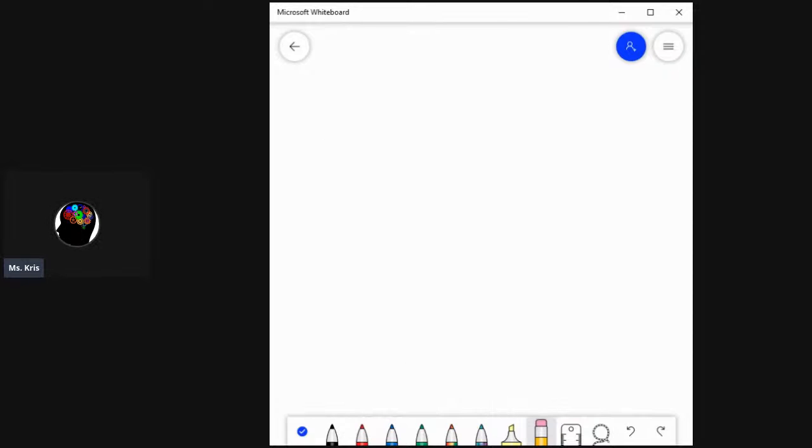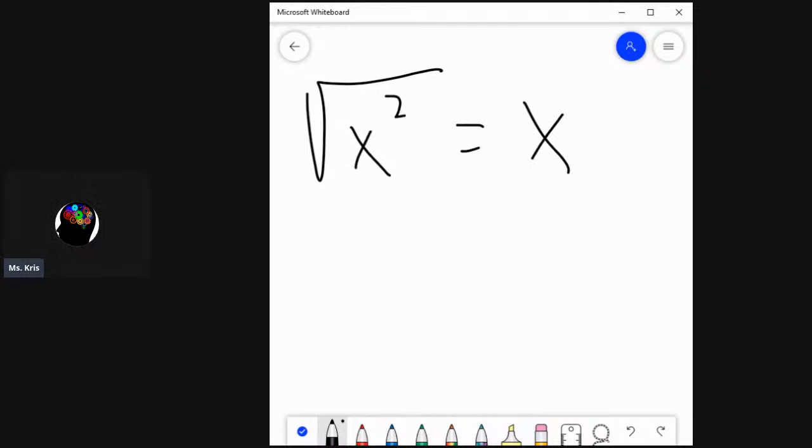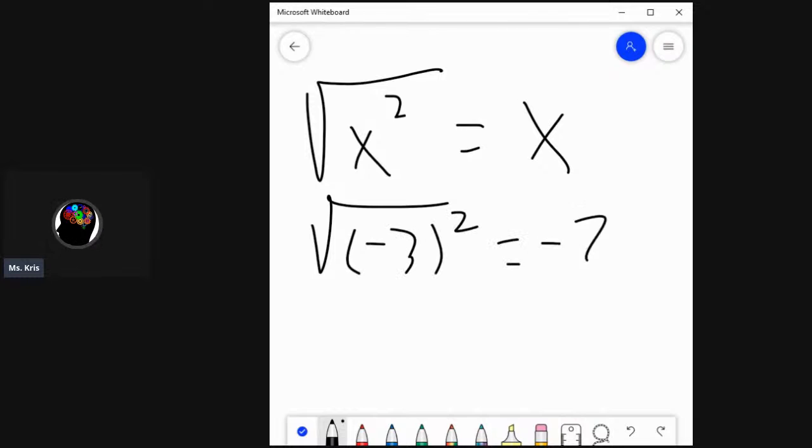Another example: the square root of x squared equals x. A good counterexample would be the square root of (-3) squared equals -3. Well, within the square root, you must first do the exponent.